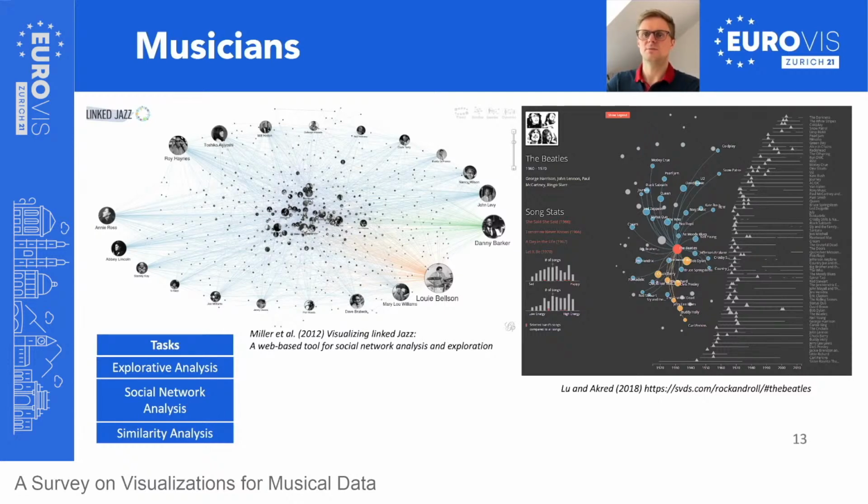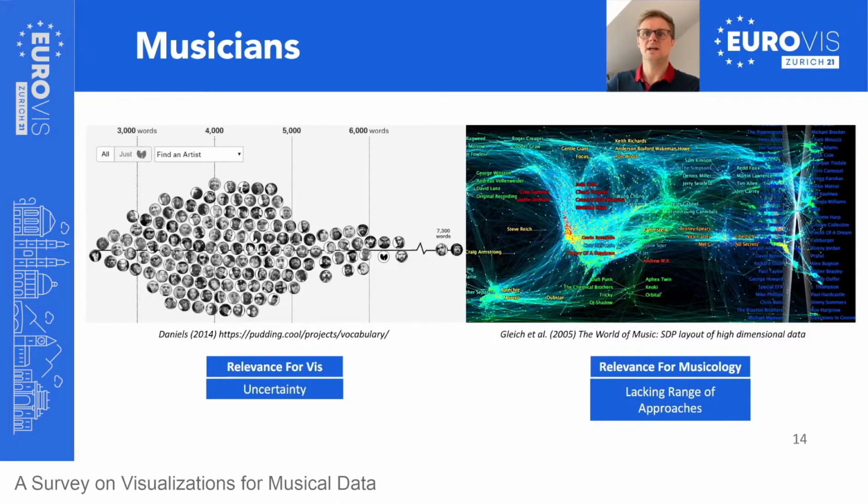Again, we could find mainly analysis tasks for which visualization systems have been deployed. These include explorative analysis, social network analysis, and again, similarity analysis. Although we name it as relevance for the visualization community, it may whether be called as challenges for the visualization community.